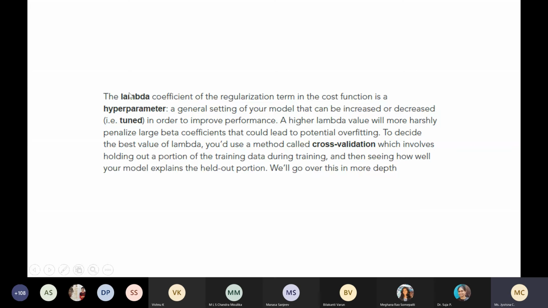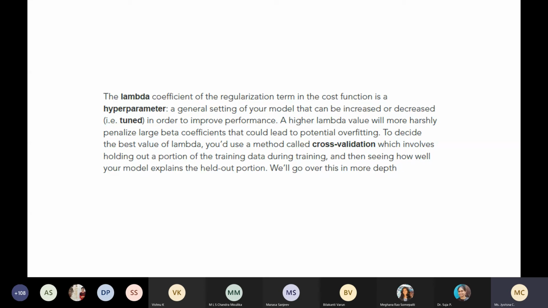This lambda decides how much should be penalized, and we call it a hyperparameter. We will be learning many hyperparameters. Why is it called a hyperparameter? Because we tune it. In deep learning, we will be asked whether we did hyperparameter tuning.